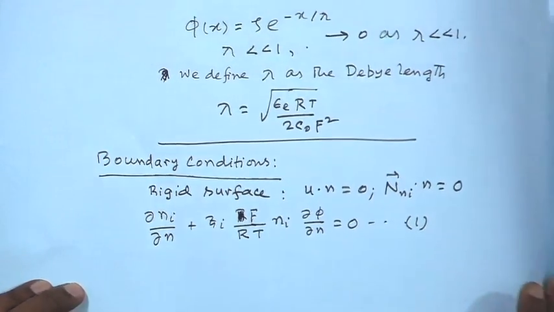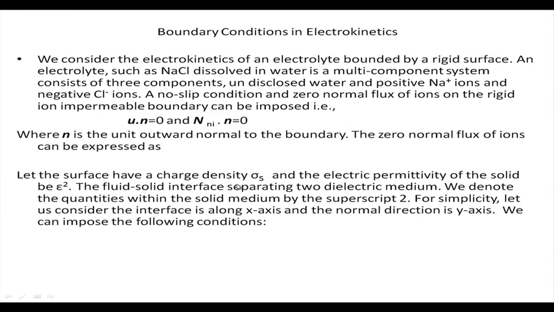Now, let us consider a surface charge on the rigid surface, you have a surface charge density. So, let the surface have a charge density sigma s and the electric permittivity of the solid be epsilon 2.